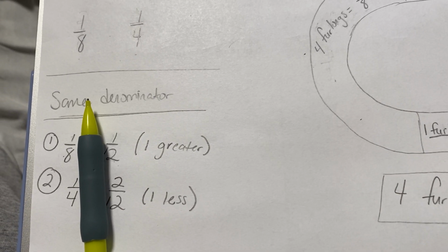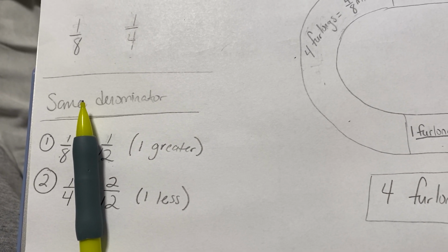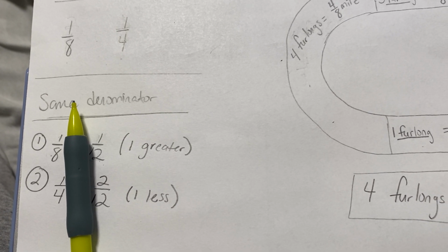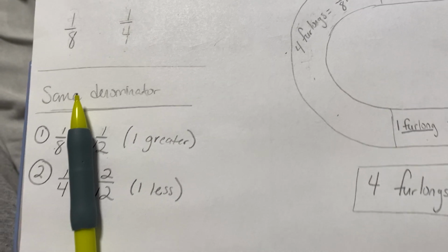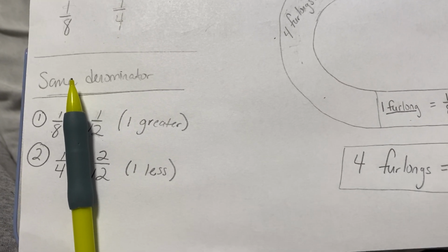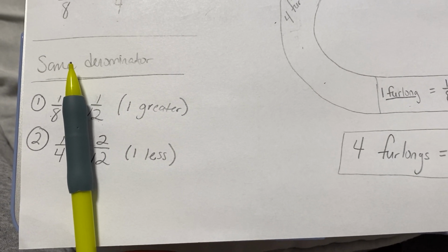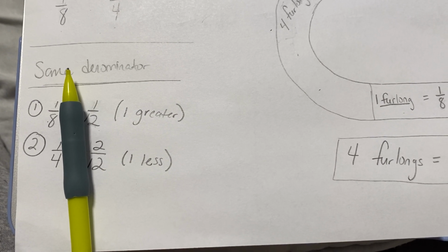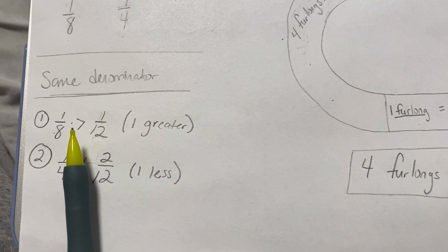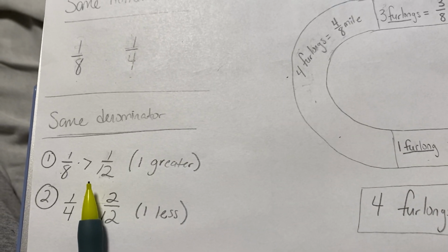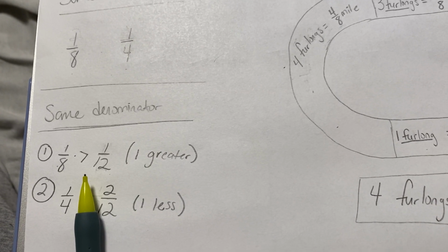So which one here does the alligator want to eat? 1/8 or 1/12? Which one is greater? And then for my second one, which one does the alligator want to eat? Which one is less? 1/4 or 2/12? So if I were to pick that, I'd pick 1/8, because 1/8 is greater than 1/12.